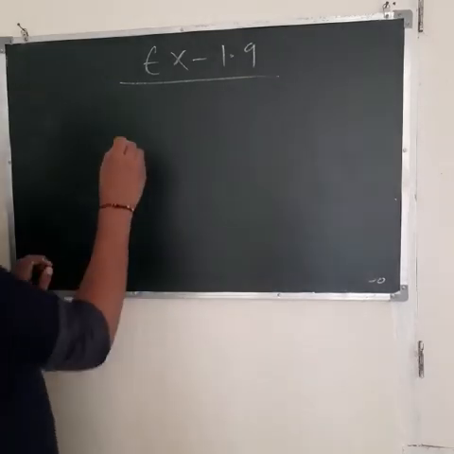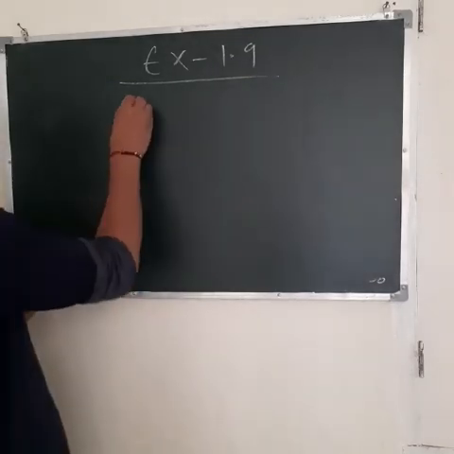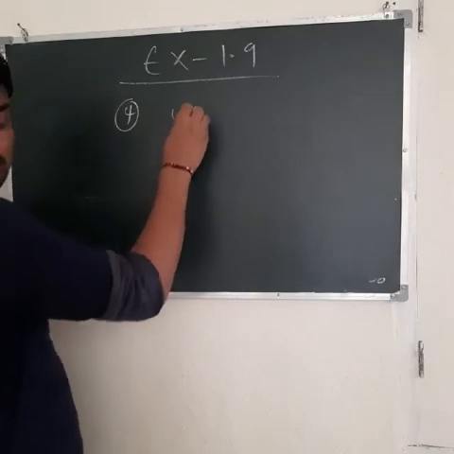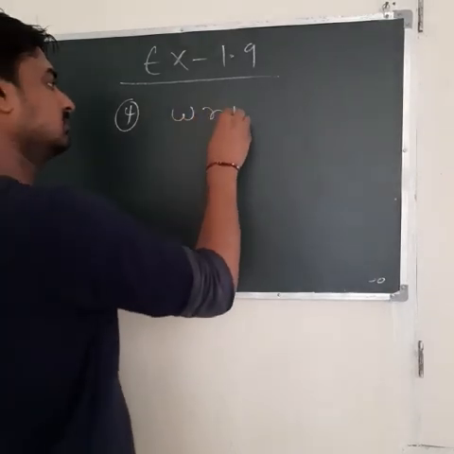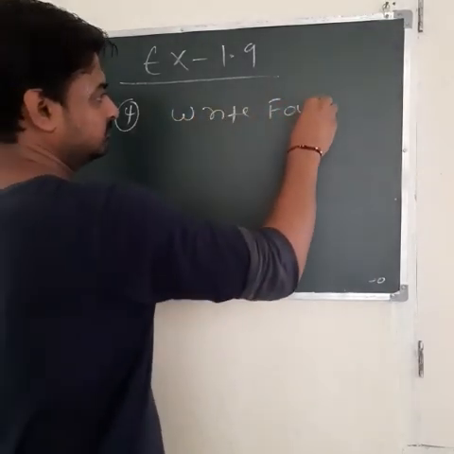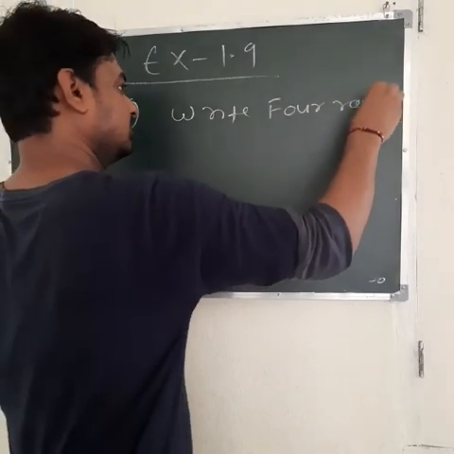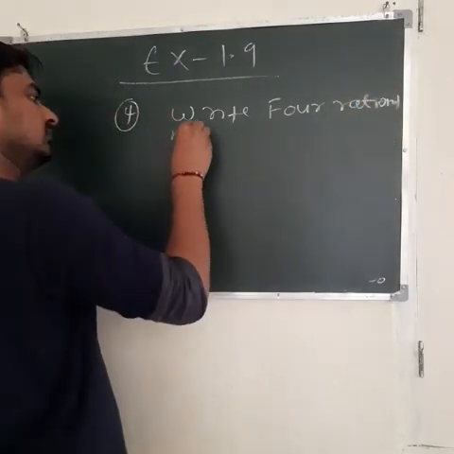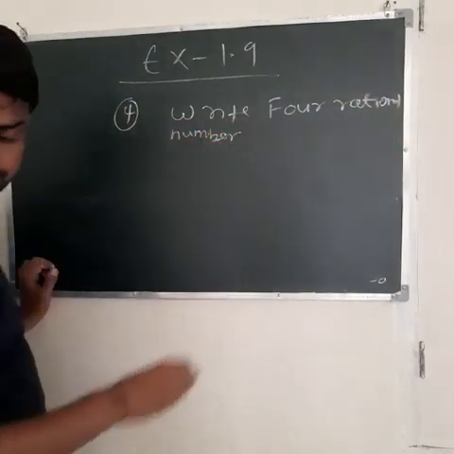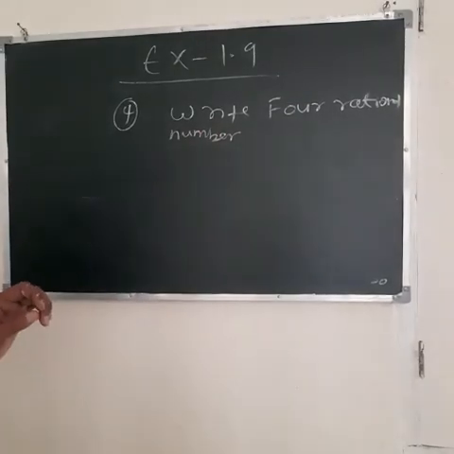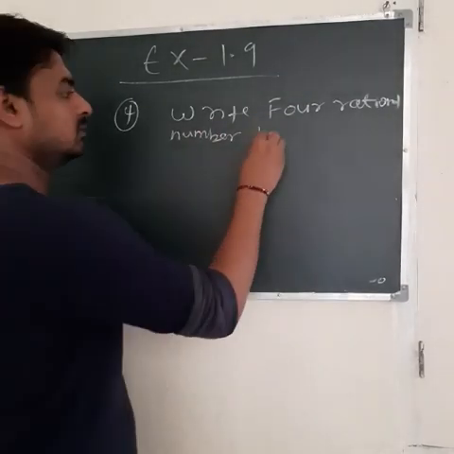Here is question number 4. Write 4 rational numbers less than 2.